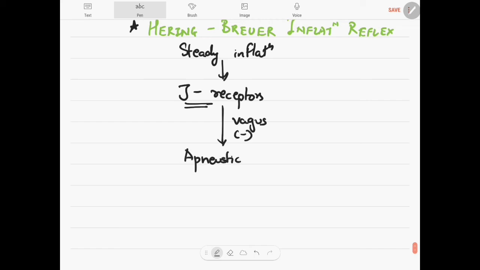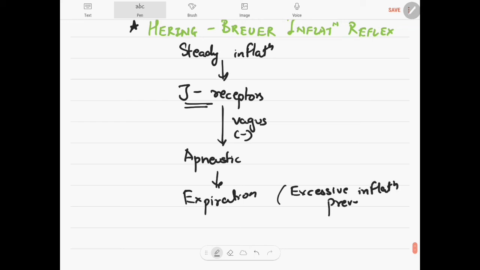As we saw in the diagram, this leads to expiration. Therefore, excessive inflation of the lungs is prevented.